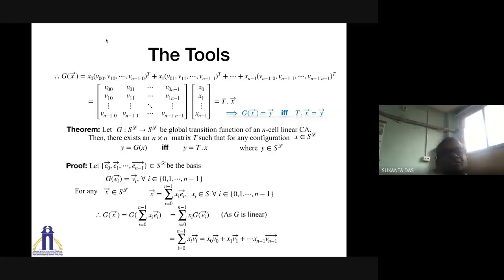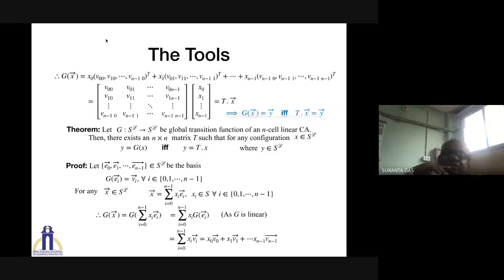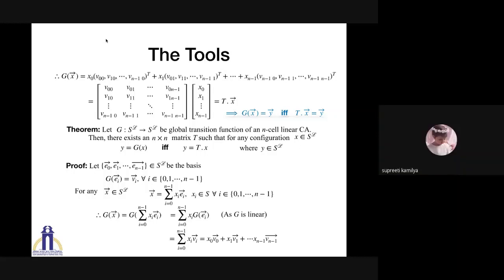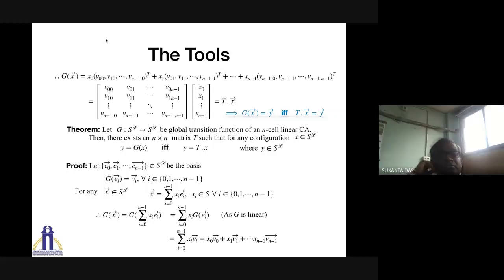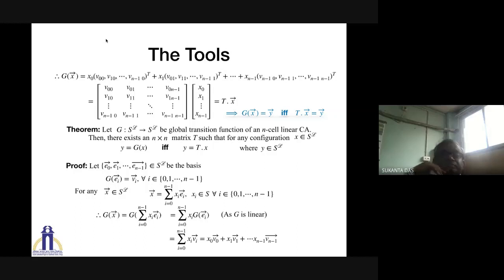You can consider these as configurations, so they will be considered as basis vectors here. So individually E0, E1, they are configurations, right? Yes, and they are independent, E i not equal to E j. Okay, right.